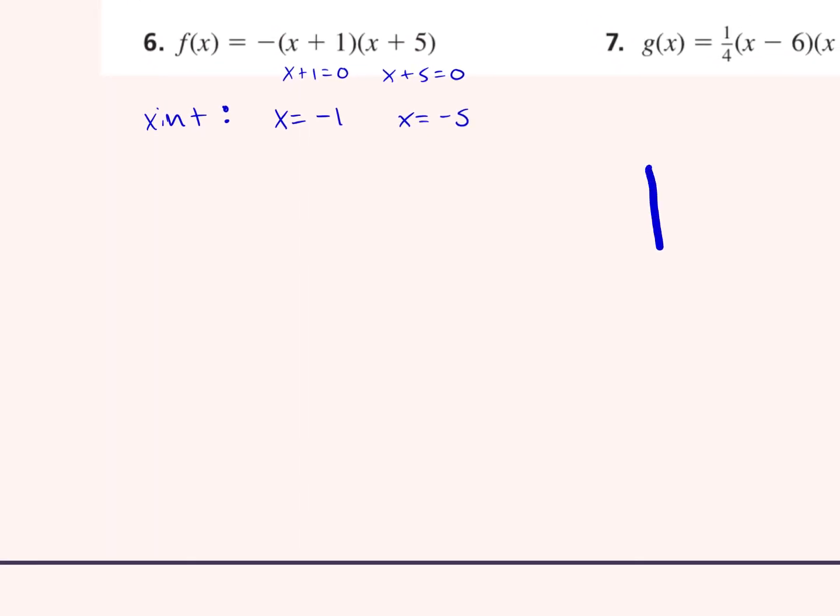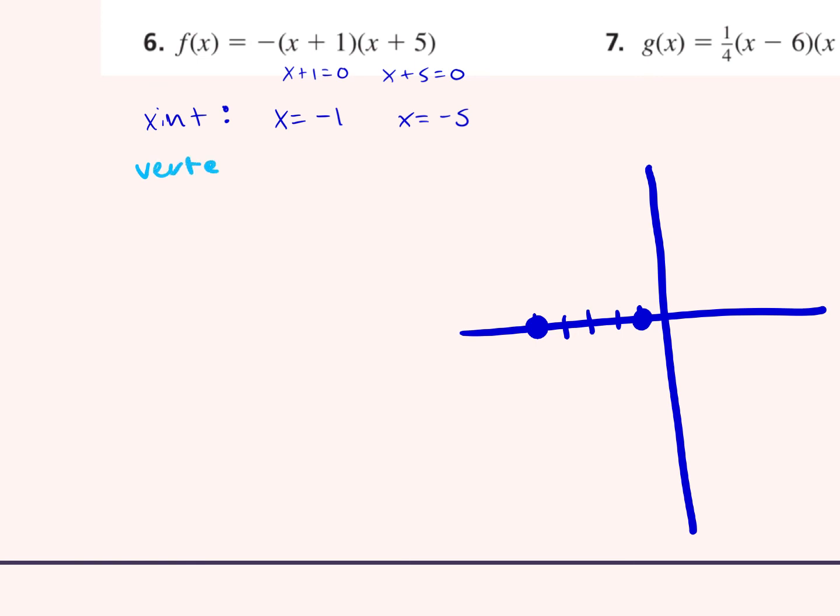So on my graph, I can plot my points at negative 1 and negative 5. What do we want to find next? The axis of symmetry. How do I find the axis of symmetry?